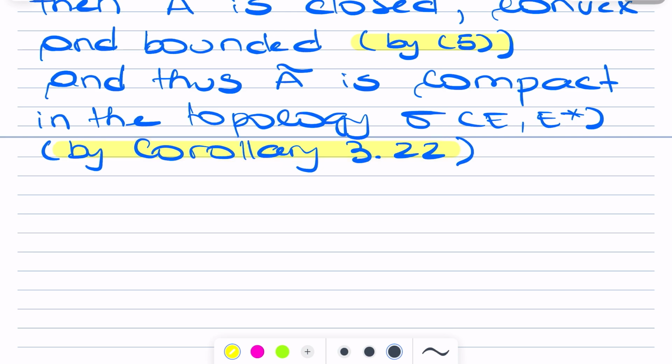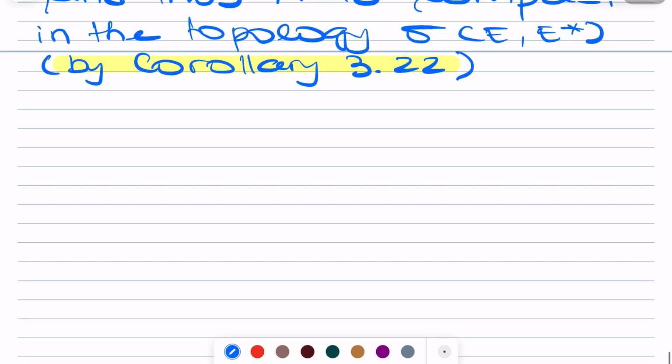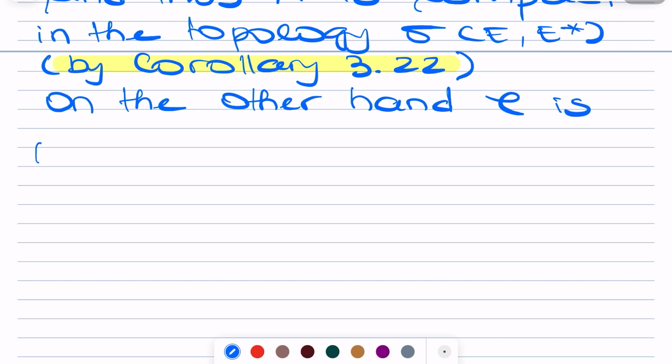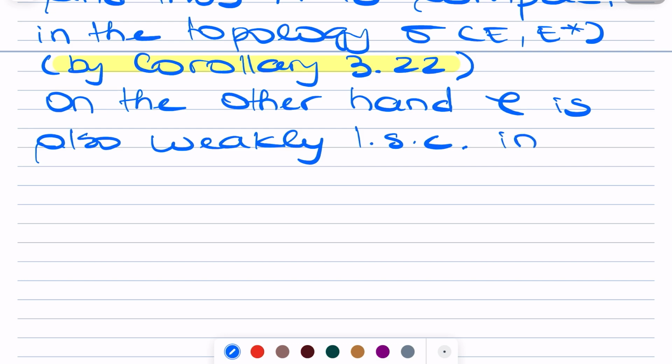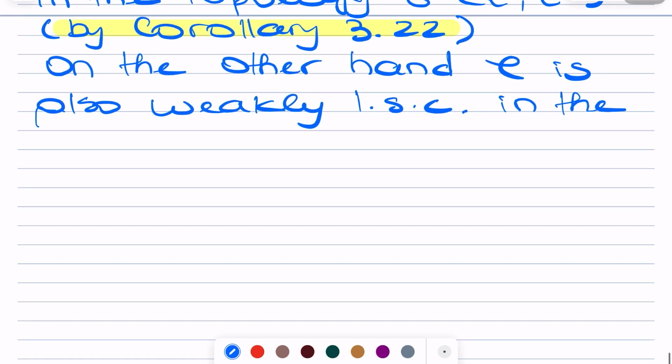Good. On the other hand, phi is also weakly lower semi-continuous in the topology sigma(E, E star).